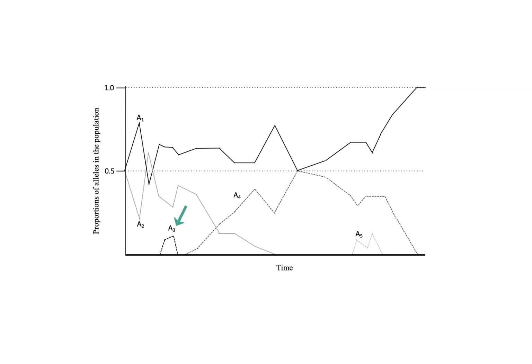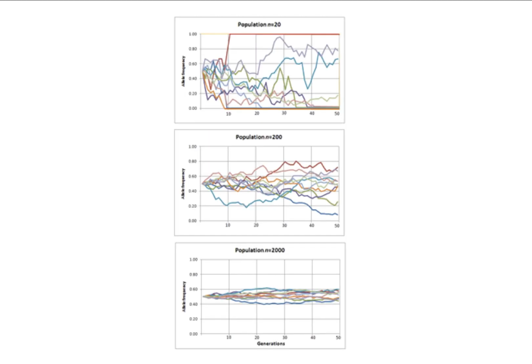Then a third allele arises due to a mutation or gene flow of some sort, and that goes to rapid extinction, followed by the rise of a fourth allele and the extinction of the A2 allele, and then finally a fifth allele pops up briefly and then goes extinct, and eventually the A4 allele goes extinct, and all you're left with in the population at the end is A1, which goes to fixation and is essentially 100% in that population.